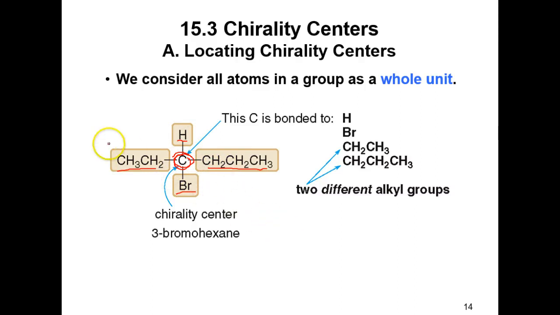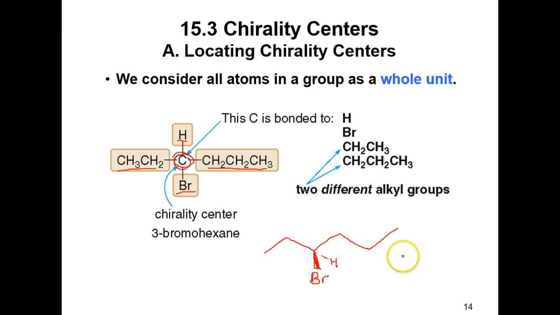Okay, and you can draw this molecule. Let me show how you can draw this. 1, 2, 3, 4, 5, 6, and you have a bromine here. I'm going to have the bromine wedging out. So here's your bromine, and your hydrogen is going back.